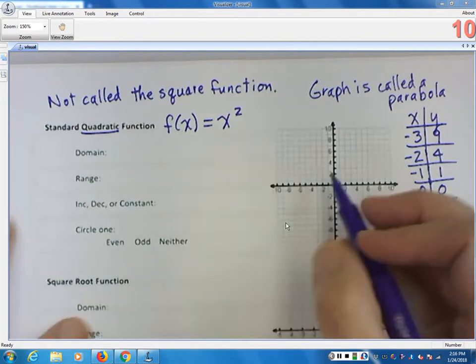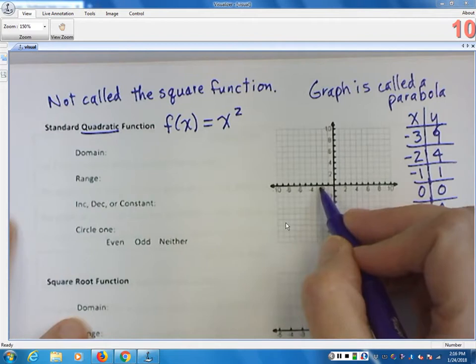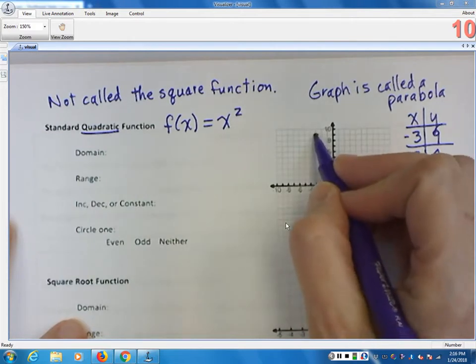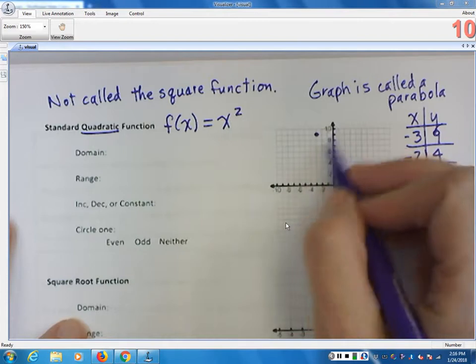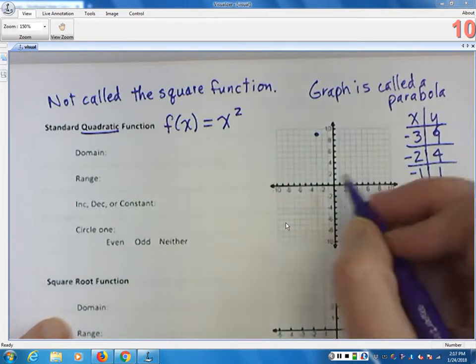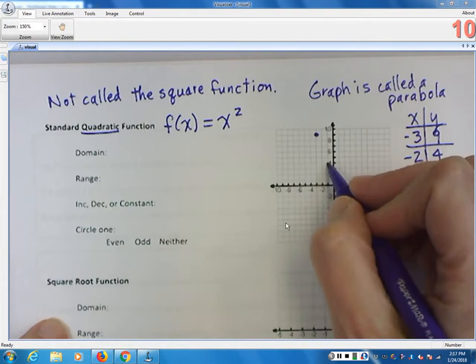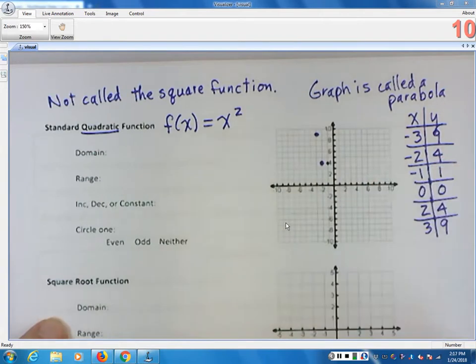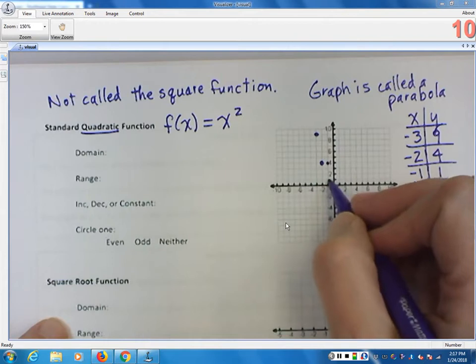So I picked -3 because I knew -3 squared was +9, which is up here, and this only goes up to 10. -2 is 4. Oh, that's -1. Whoops. -1 is 1.